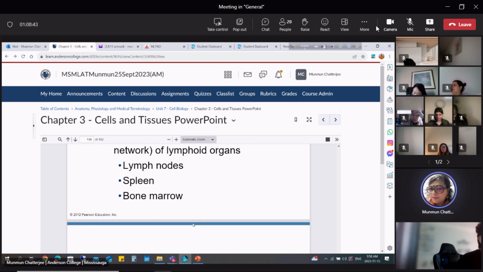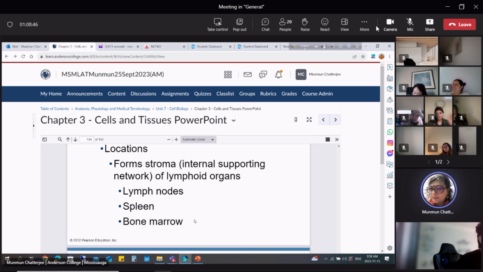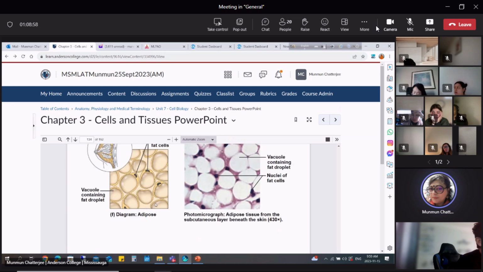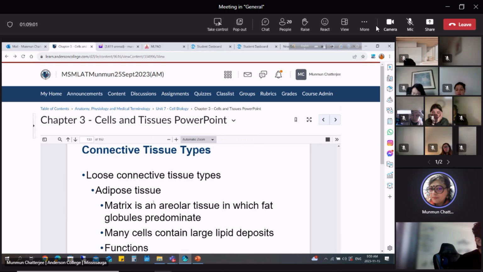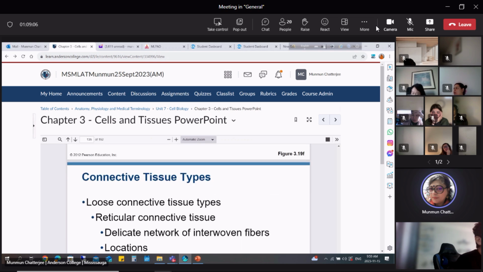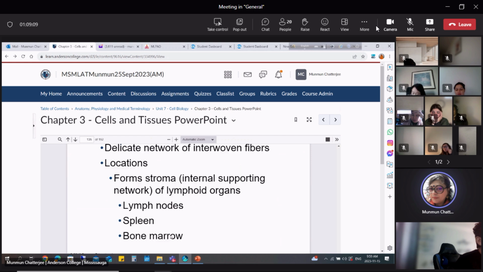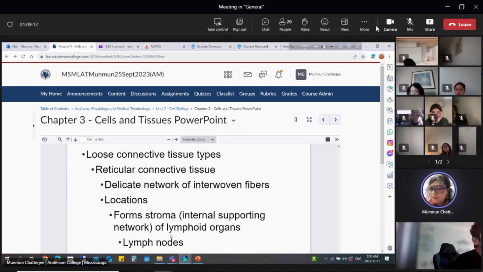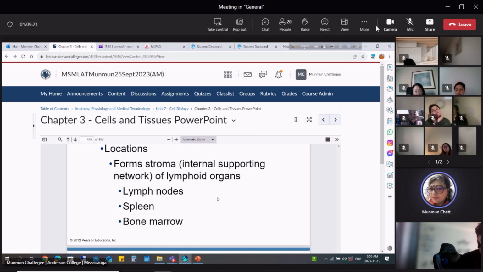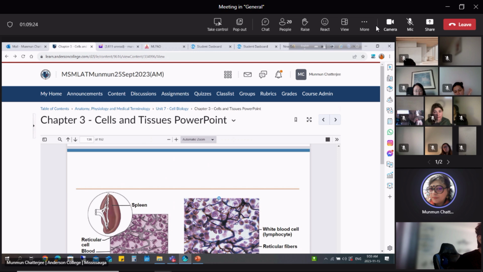You have to remember that this doesn't need that much function, but the cells can act as a loose connective tissue, but its major function is to give support to the lymphoid organs like the lymph nodes, spleen, and bone marrow.